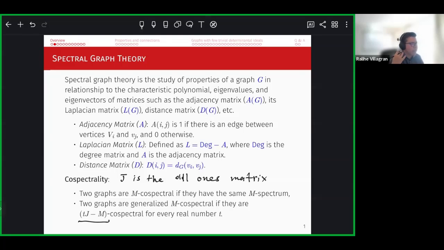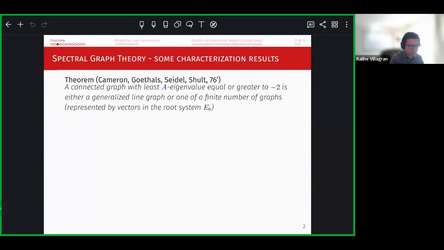For the adjacency matrix, that's to say that two graphs are generalized A-cospectral if and only if they are A-cospectral, and also their complements are A-cospectral. But that's not necessarily true for distance matrices. I like to present these two results because they serve as motivation, together with something else I'm going to talk about, for some of the results on determinantal ideals.